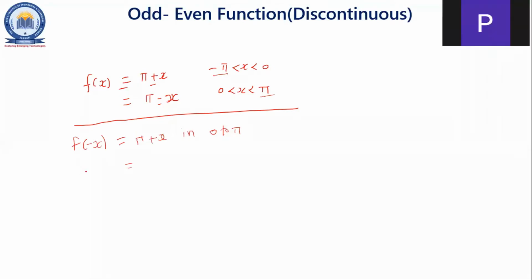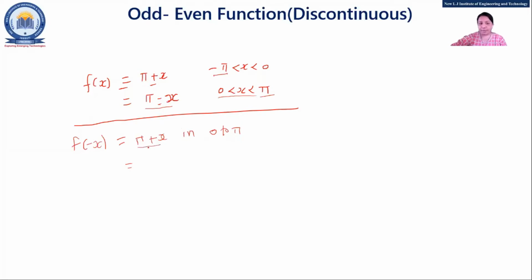Now it's clear. For those who do not have this idea clear, what we are going to do is put x equal to minus x in any of the equations. As Parth told, we put minus x into this, so f of minus x equals pi plus x in 0 to pi. So pi plus x is f of x.